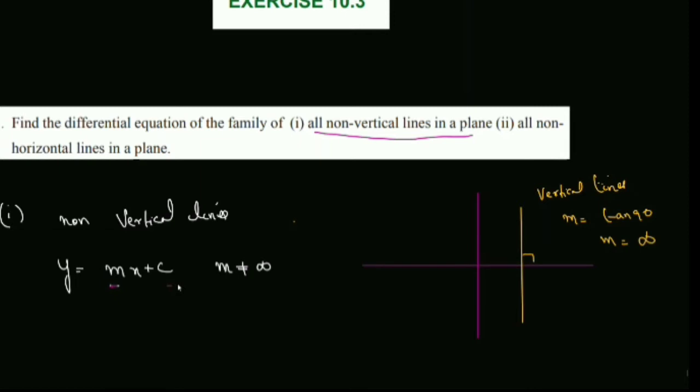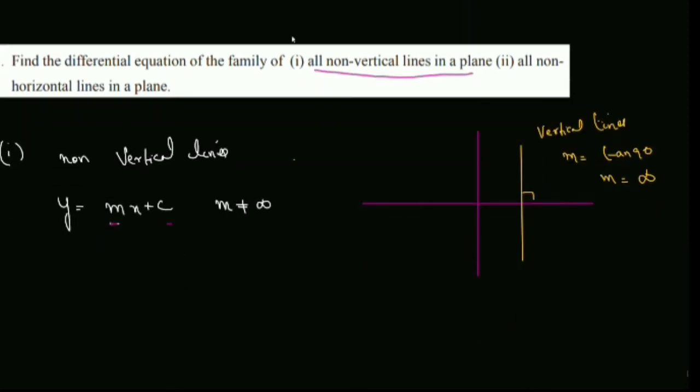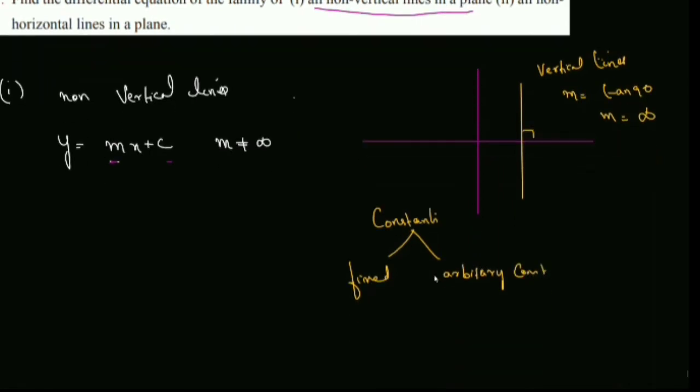There are two types of constants: one is a fixed constant, the other is an arbitrary constant. Suppose the equation is y = 4x + c. This 4 is called the fixed constant. It is not going to change for that particular line, but c you can change. So c is an arbitrary constant.